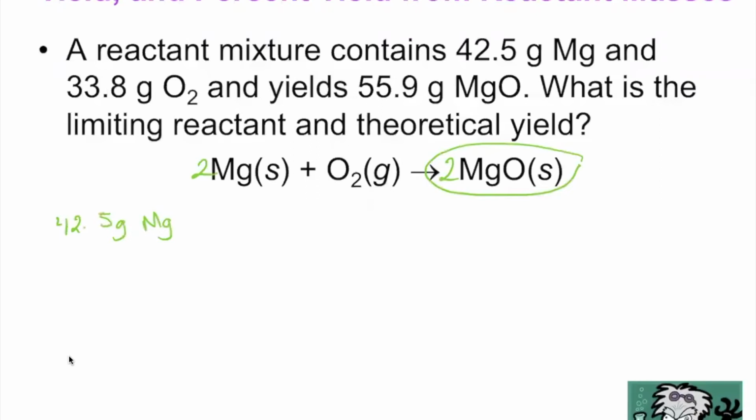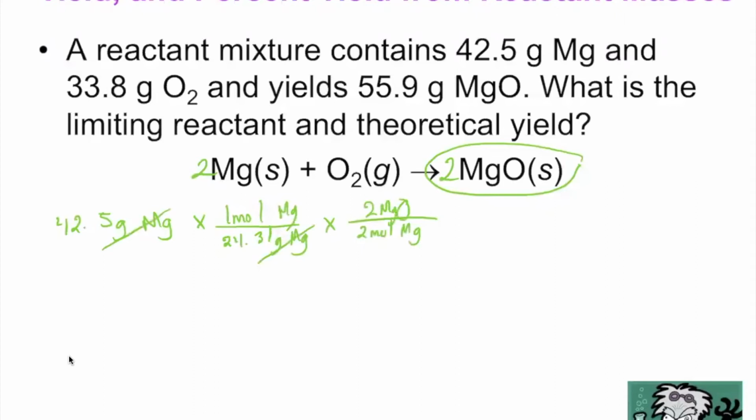So what I'm going to do is convert these grams of magnesium to moles of magnesium. So this number 24.31 is the molar mass. 1 mole of magnesium. Notice that my magnesium is canceled. Then looking at this, for every 2 moles of magnesium, you're going to generate 2 moles of magnesium oxide.